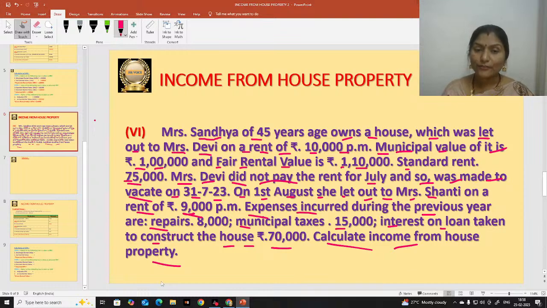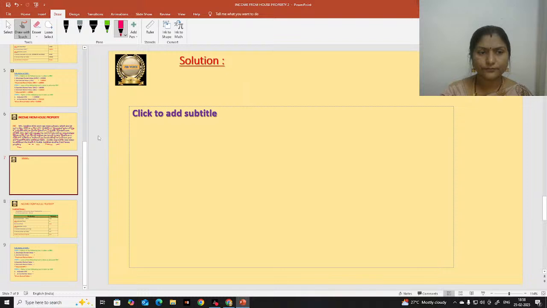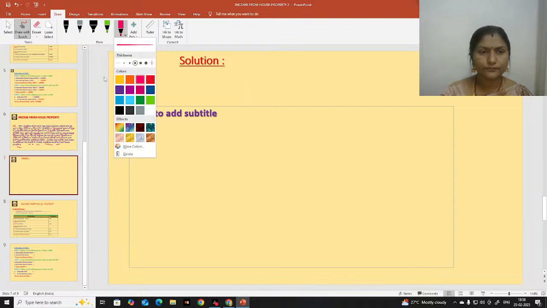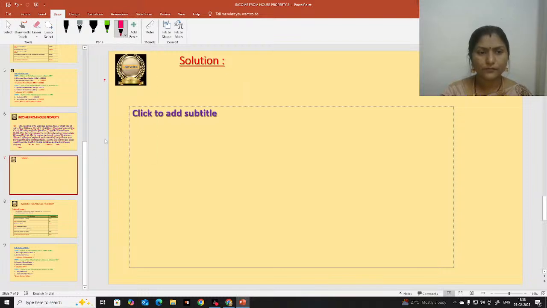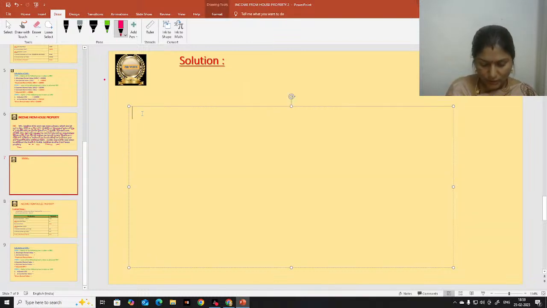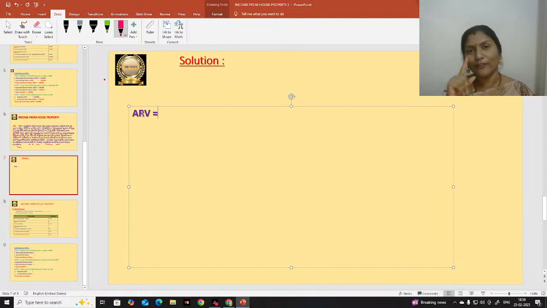We are going to calculate that. Let us go and first take the information from the question. Okay, so first she is giving to Devi. Actual rental value, ARV. Actually the owner is collecting actual rent from 2 tenants, not from 1 tenant.